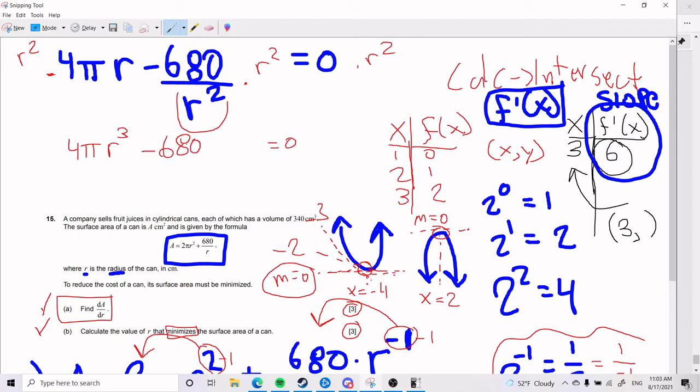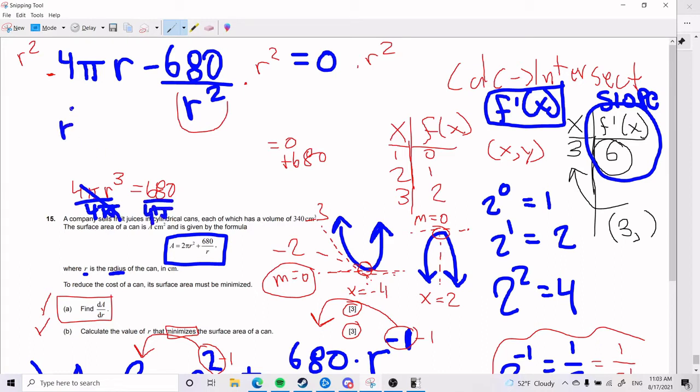So now suddenly this is a much more approachable problem, because I'm going to do plus 680 to both sides to get rid of this guy here, and end up with 4 pi r cubed equals 680. So here, since we want to get r alone, the next important step would probably just be to divide by 4 pi. Gets rid of that here.